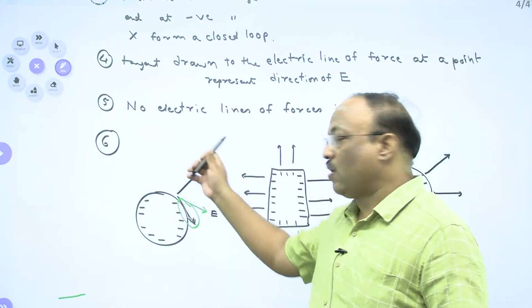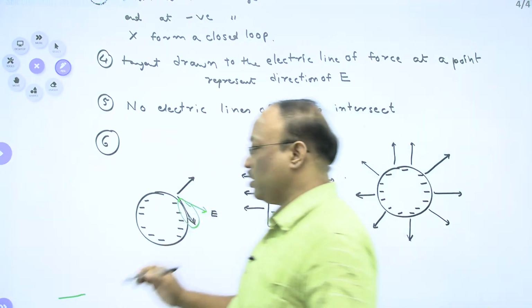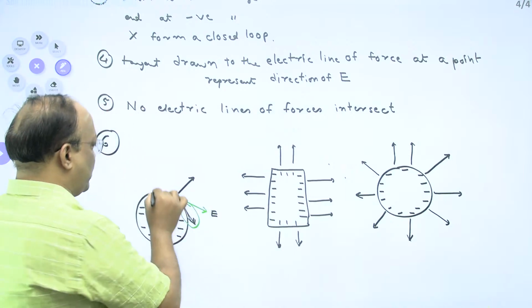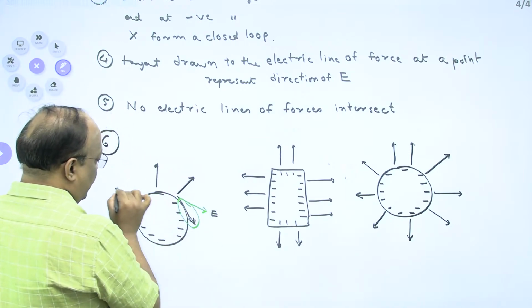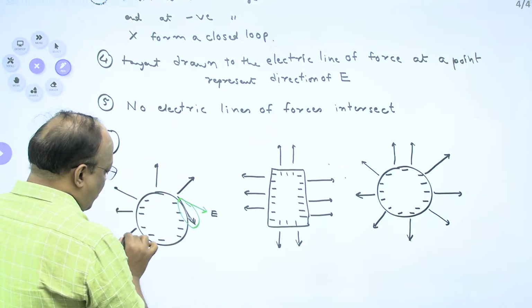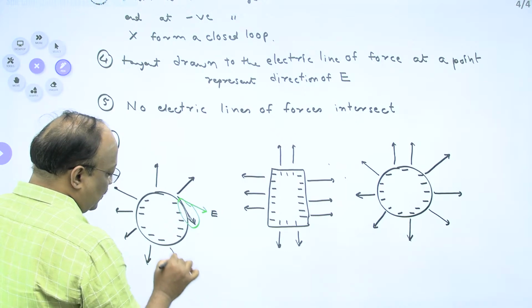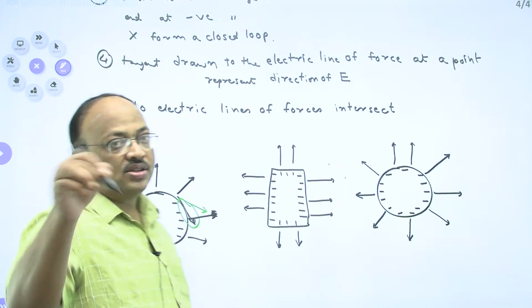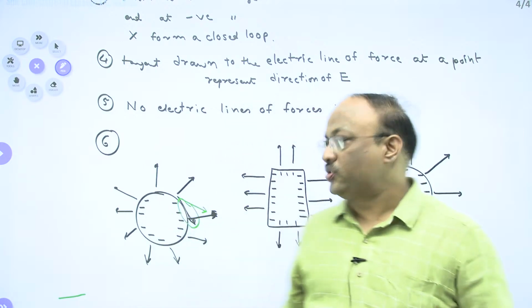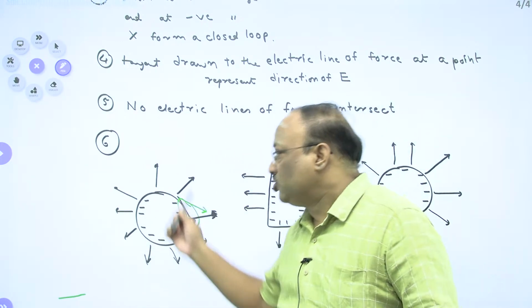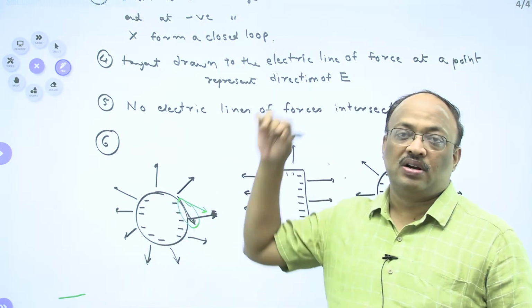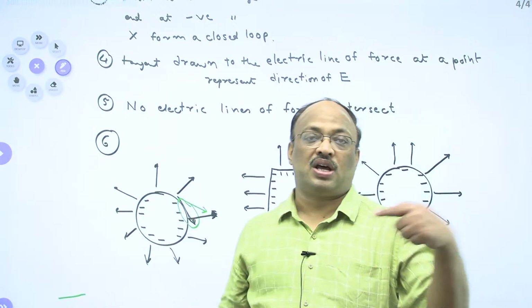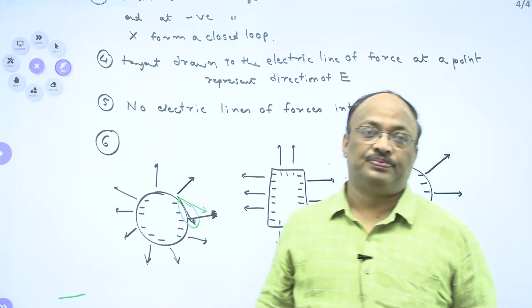If any other component exists, it makes the charges on the conductor move.